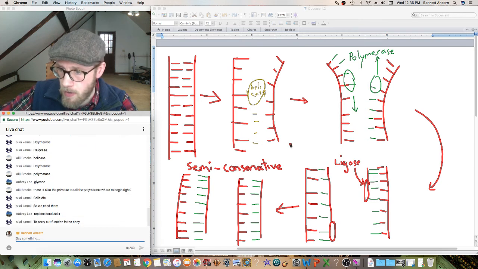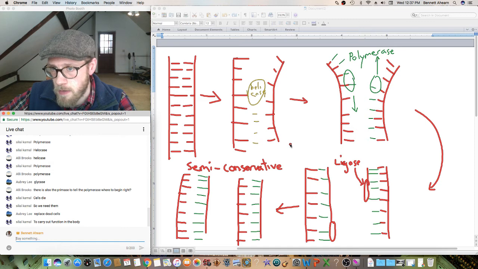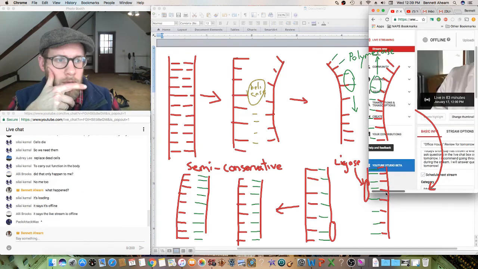Yes, there you go, Aubrey. To replace your dead cells. Your cells, Soleil, do die. Most of them do, right? Except for some few that last a really long time, but eventually they also will die. So if all of your cells are dying, and you're not replacing them with new cells, you're just basically decaying.